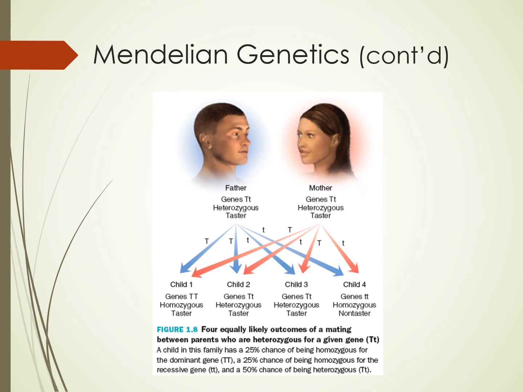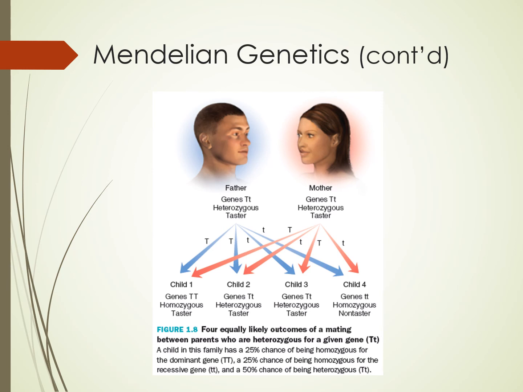So I can receive the dominant taster gene from my father and the dominant taster gene from my mother. I'm a homozygous taster. I can receive the dominant taster gene from my father and the recessive non-taster gene from my mother, and now I'm a heterozygous taster because that was dominant.